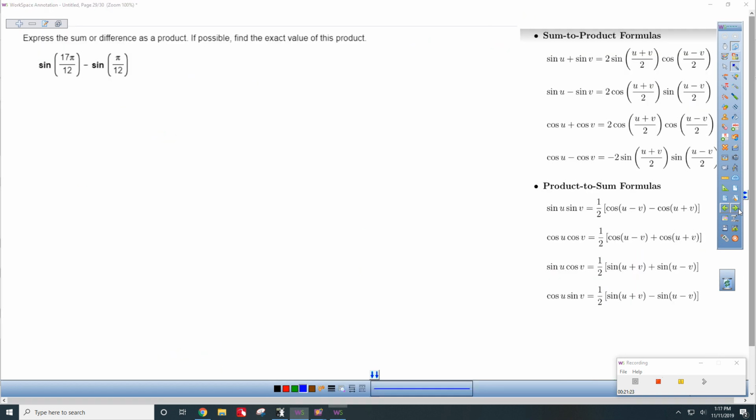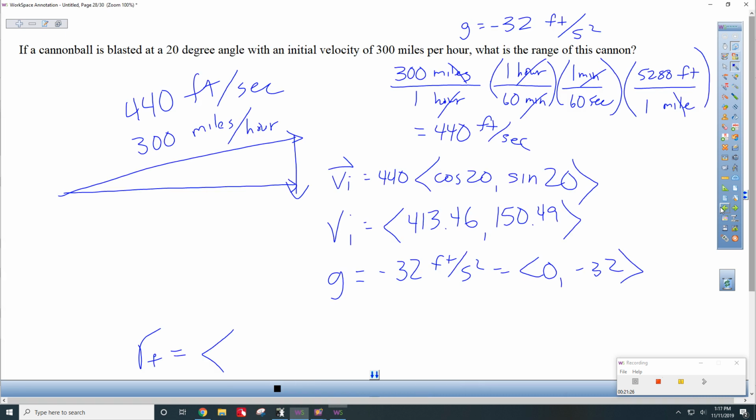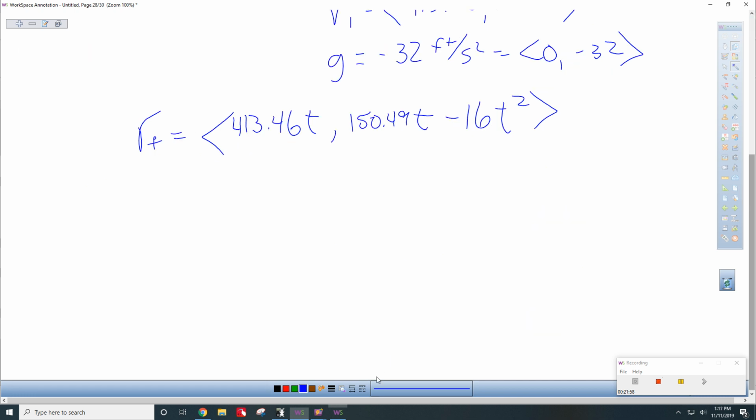So our final is going to be 413.46 t, comma, 150.49 t minus, not 4.9 now, what's half of 32? 16 t squared. Now, this is the irony behind this.